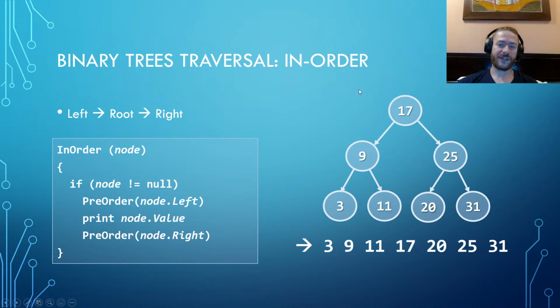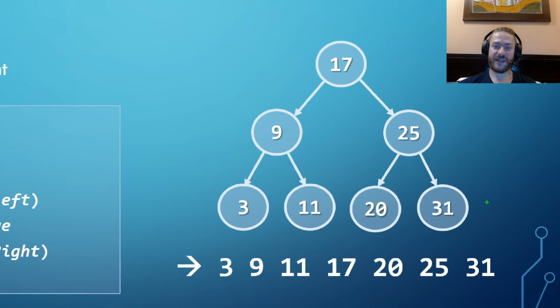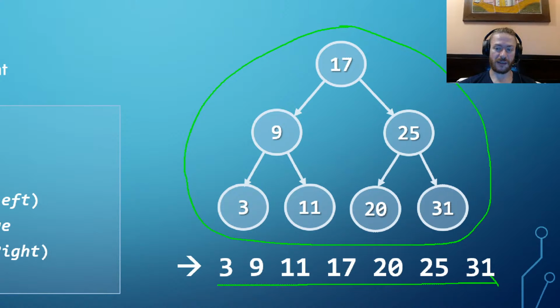Why is in-order so important? Because if we have a binary search tree, which we're going to cover later in the video, we will see that if we traverse it in-order, this is a perfect binary search tree. If we traverse it in-order, we will get the result sorted. Look at it. We have 3, 9, 11, 17, it's sorted.